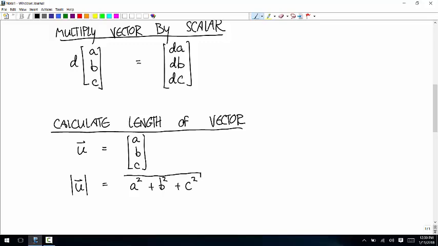That's the Pythagorean theorem. In 2D, if your vector was just AB, then the length would just be the square root of A squared plus B squared.